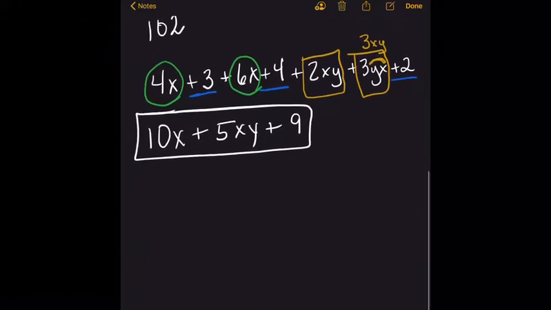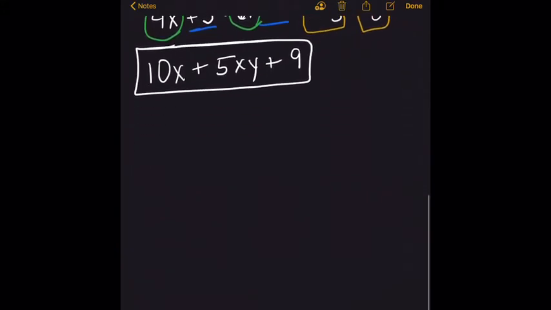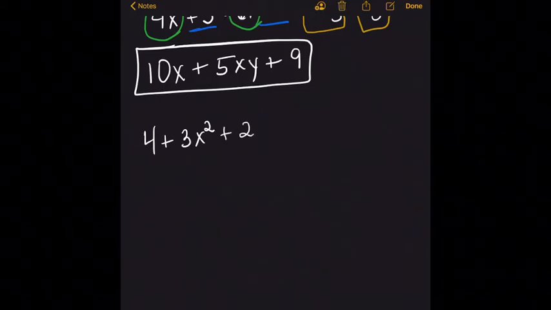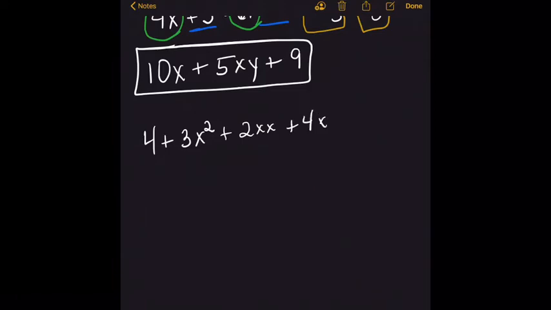Let's do another one. 4 plus 3x squared plus 2xx, it's kind of weird looking, plus 4x plus 7 plus 3x.